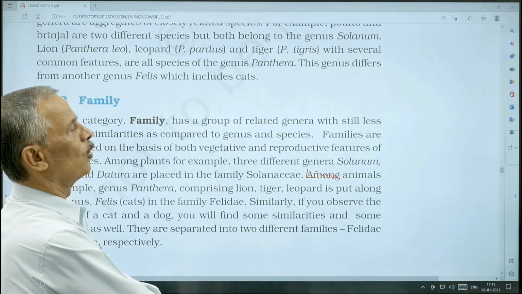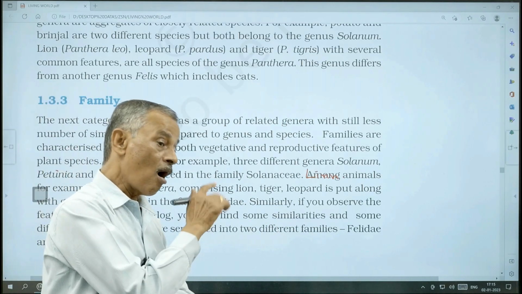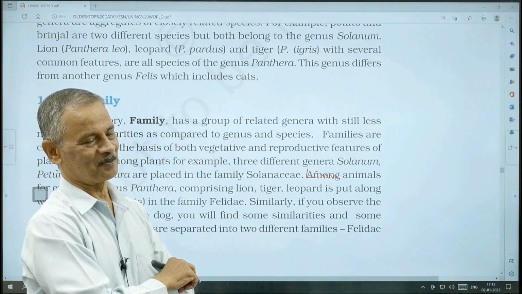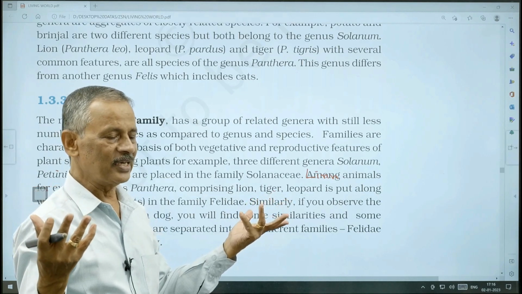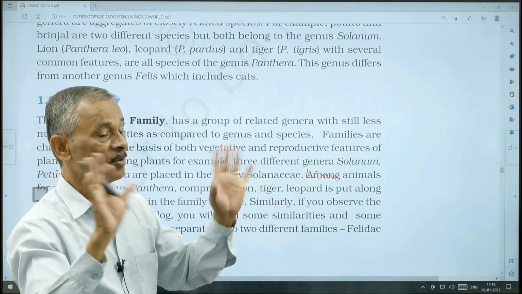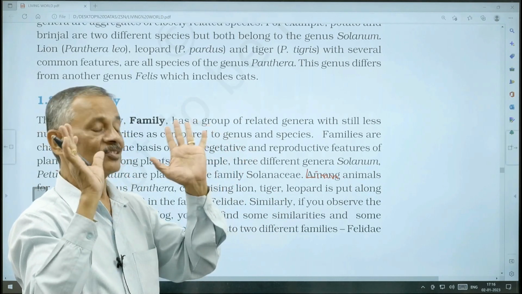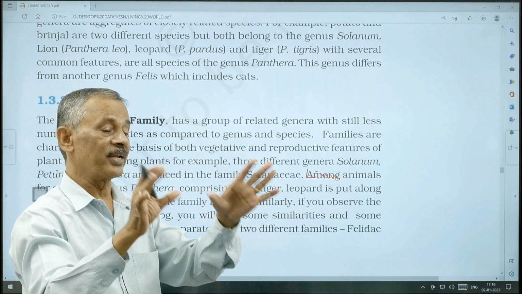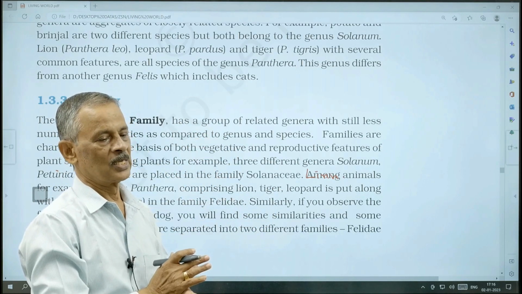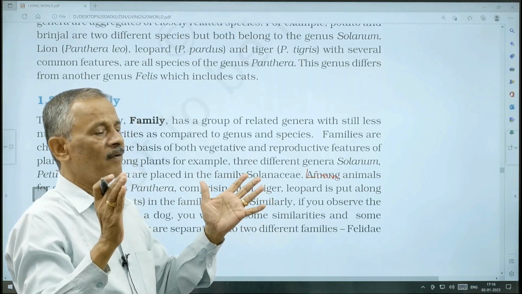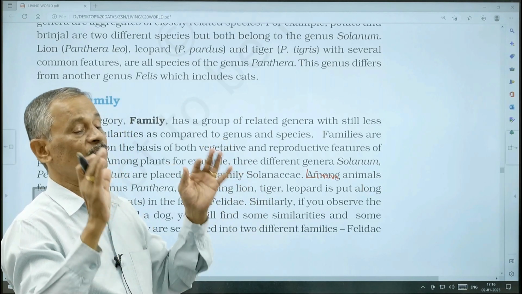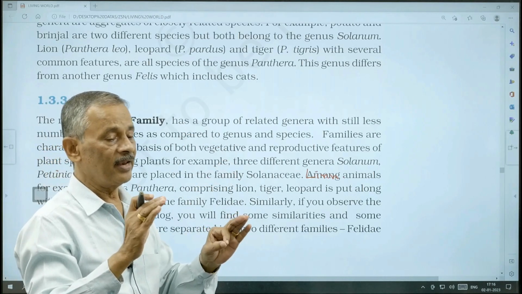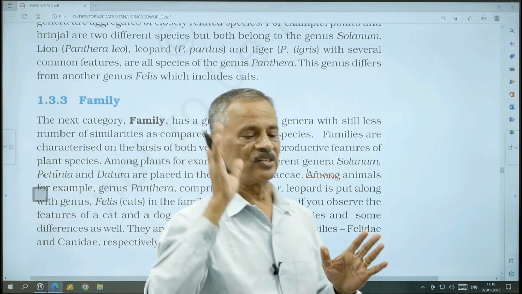Now, in species, all members were identical. But in a genus which contains different species, all of them are not the same. They will differ in some features. So a genus will have fewer characters in common than members of a species.